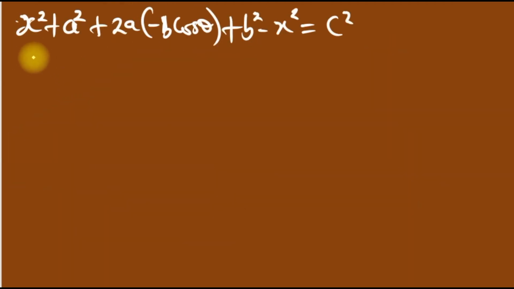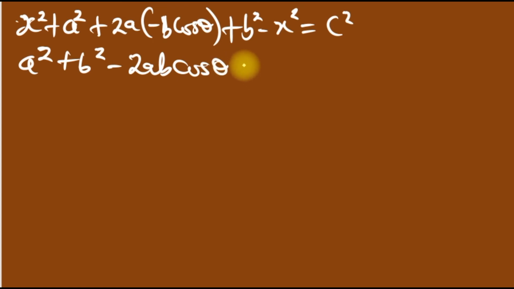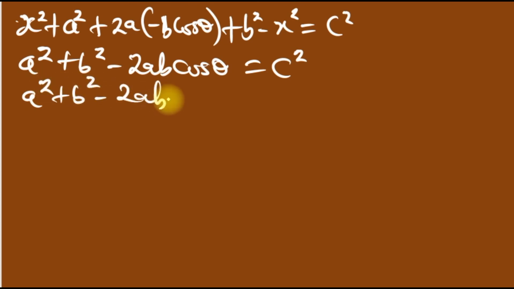So you now see that x squared minus x squared is 0. So we have a squared plus b squared, we open up this, now minus 2ab cos theta equals c squared. So we have a squared plus b squared minus 2ab cos C equals c squared.